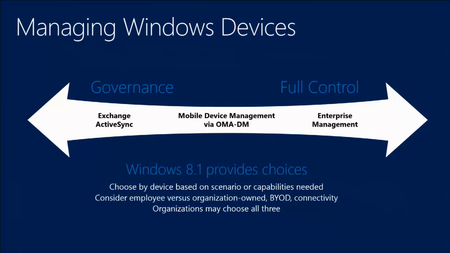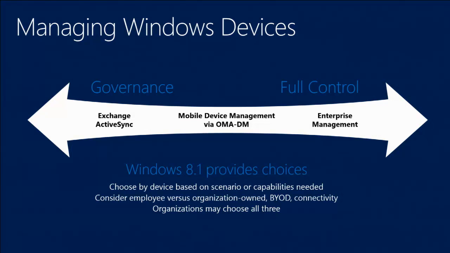But what we didn't have was the ability for other MDM vendors like AirWatch and Mobile Iron to really manage Windows 8 devices the same way. So with Windows 8.1, we'll have an OMA DM agent, Open Mobile Alliance, I forget what it stands for. It's another meaningless acronym.